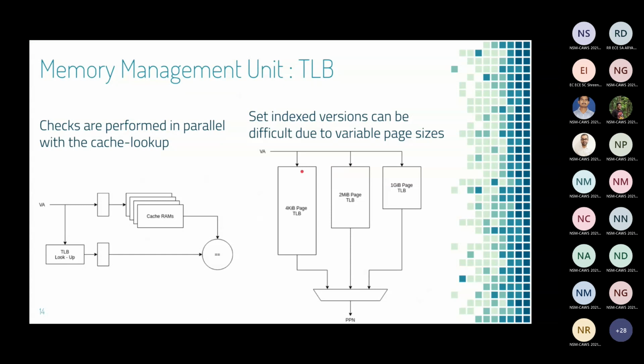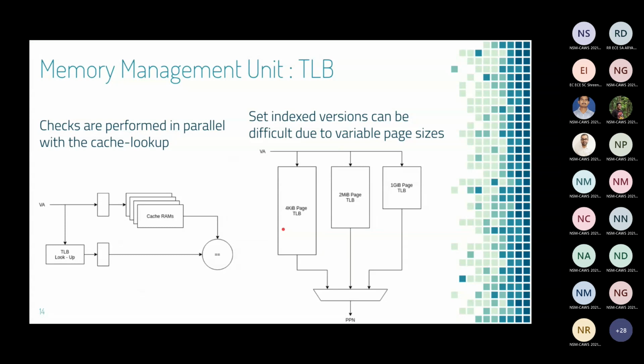Right? Now, as you can see, we sort of indicate that the 4 kilobyte TLB should be much larger in number of entries as compared to 2 megabyte, and 1 gigabyte can be really small. The reason is if your operating system is using 4 kilobyte pages, then it's going to require a large number of pages to map the same amount of physical space. Right?